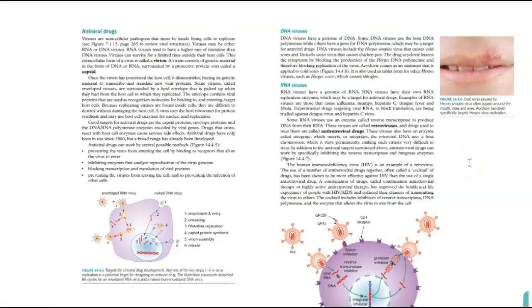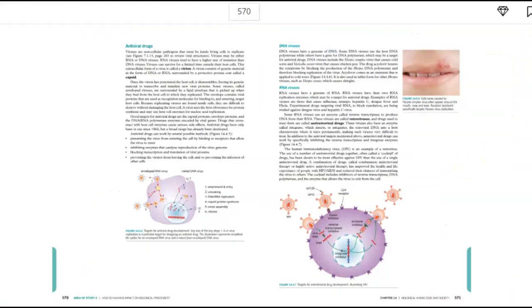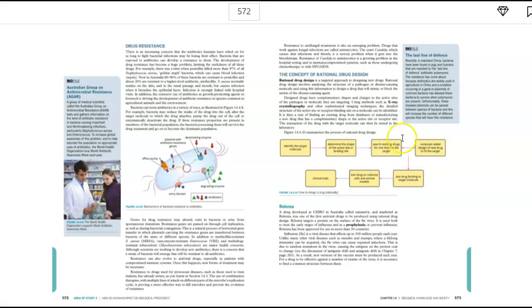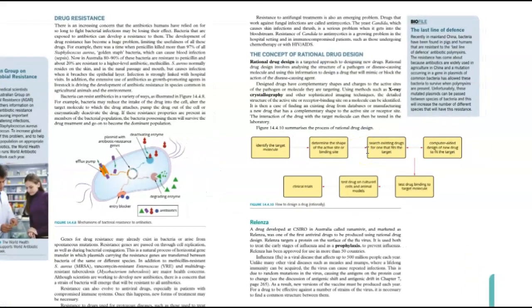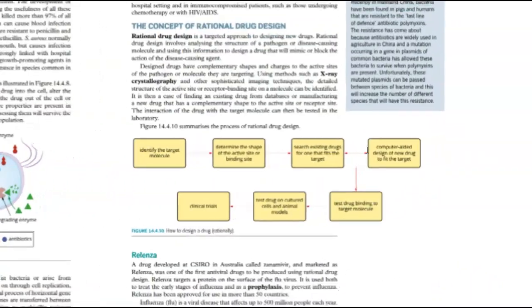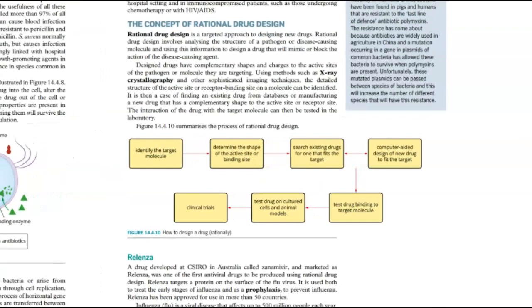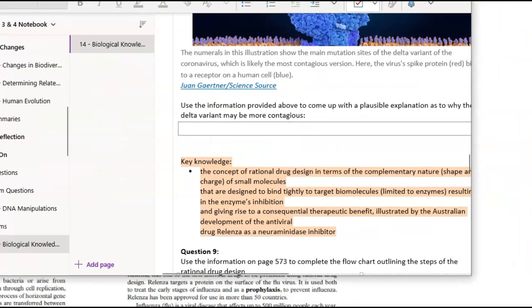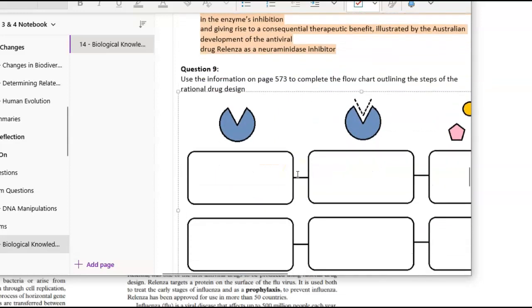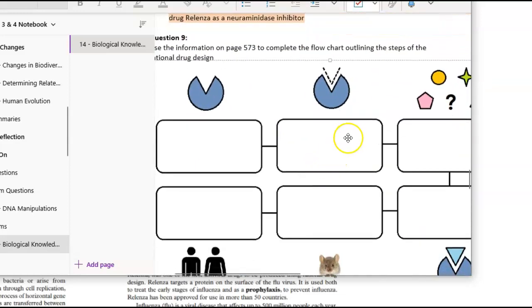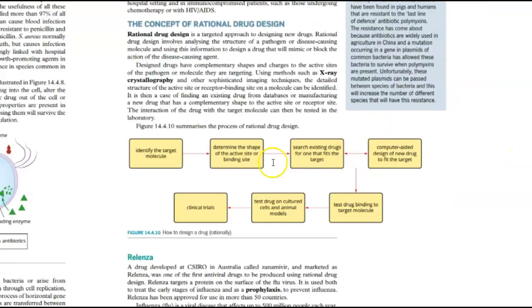So that's that second dot point that gets knocked over first in the chapter. And then we are looking at the concept of the rational drug design. So in your OneNote, you are asked to complete this diagram here. And that diagram relates directly to this one in your textbook.